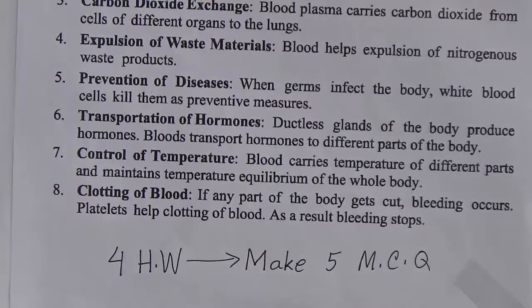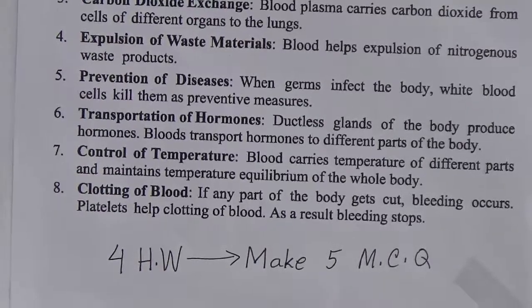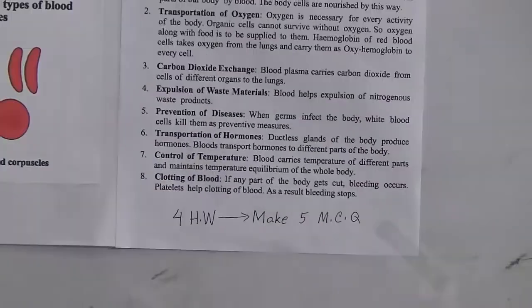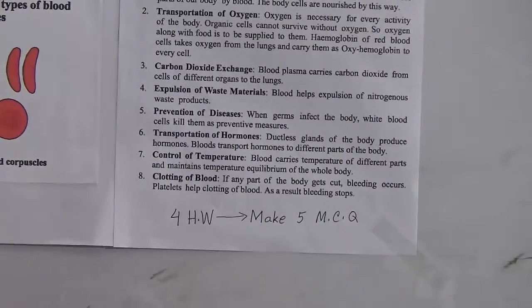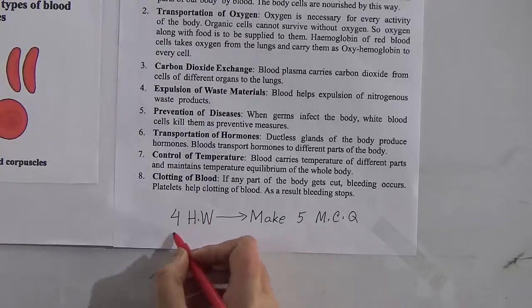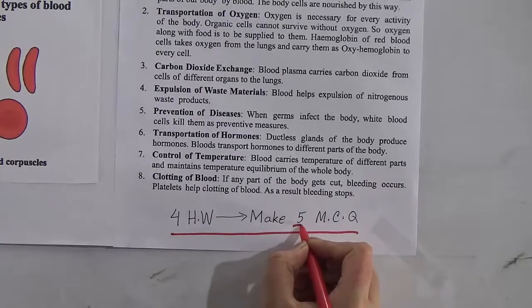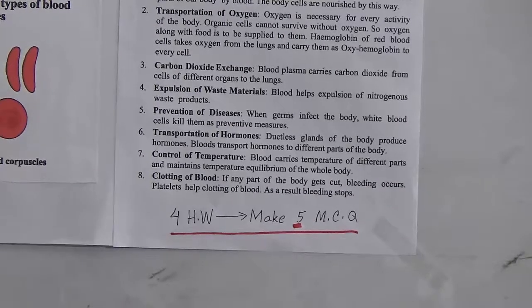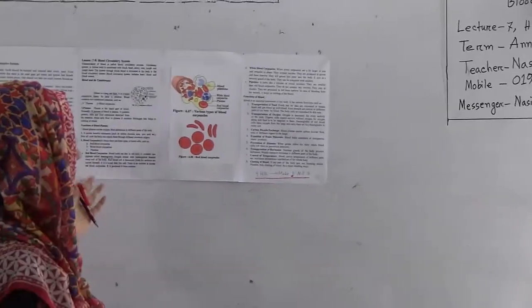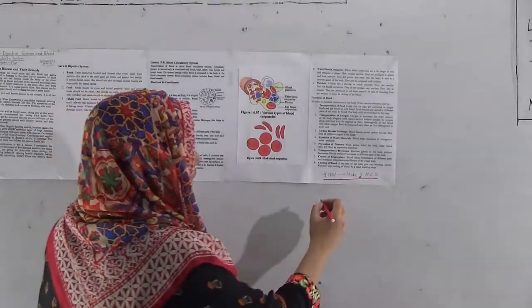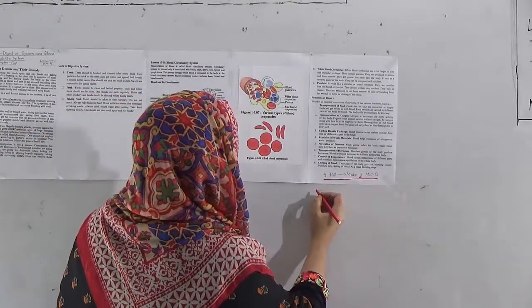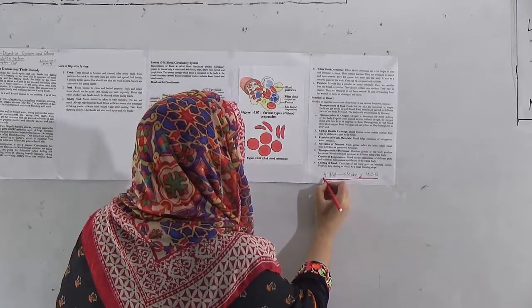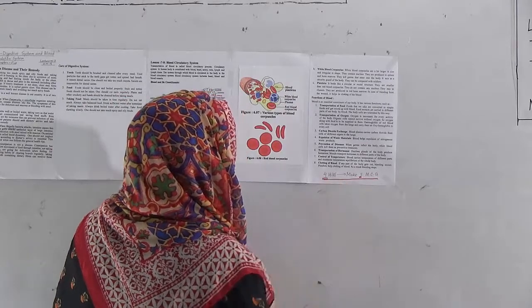So dear student, I have finished today's topic. I hope you have understood this topic, and now you have to do some SW. Your SW will be to make 5 MCQs based on this topic. At first read this topic properly, and you will make 5 MCQs from this topic. This is number 4 SW.